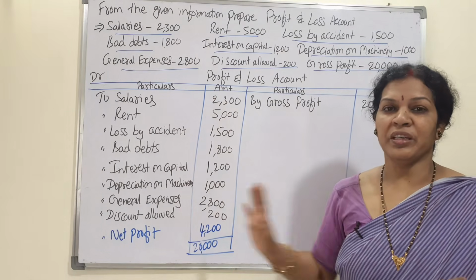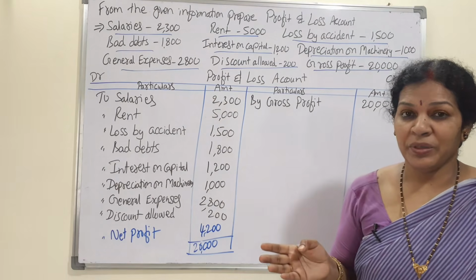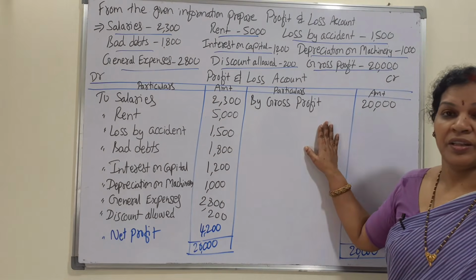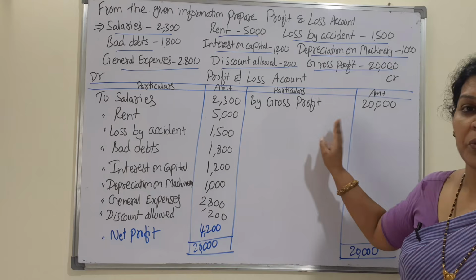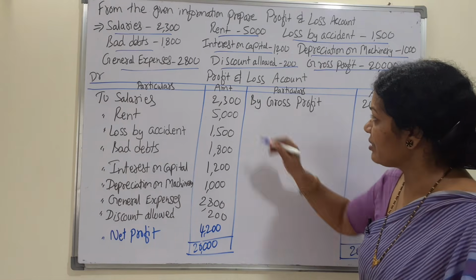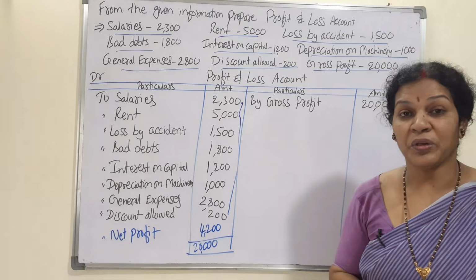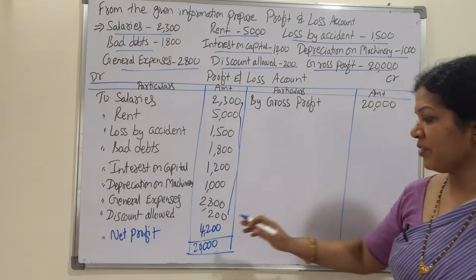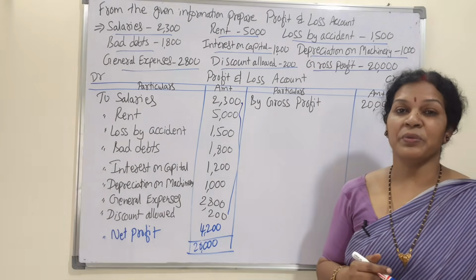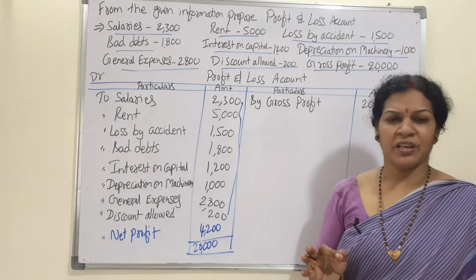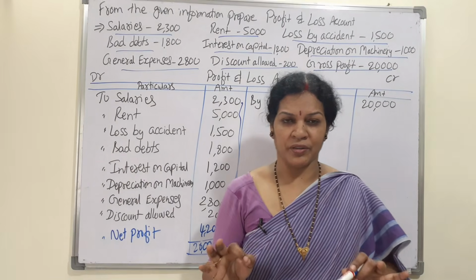So we have written on the debit side. Credit side, what do we have? Only gross profit. The difference, credit side is more, 20,000. 20,000 minus all these transactions, we got 4,200 as net profit. So this net profit will be transferred to the balance sheet. This is about the simple profit and loss account.